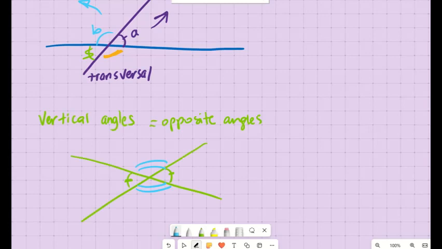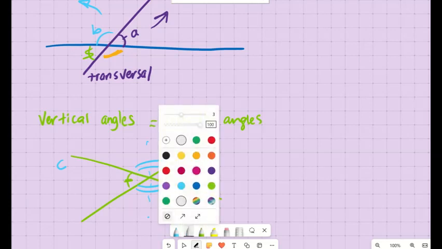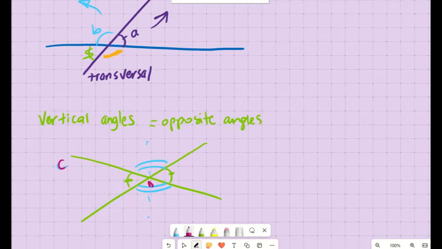Then vertical angles are opposite angles. What does that mean? The ones that are literally opposite of each other from a line. So in this case, this angle C, D, F and G. So GDK is equal to CDF, and CDG is equal to FDK.